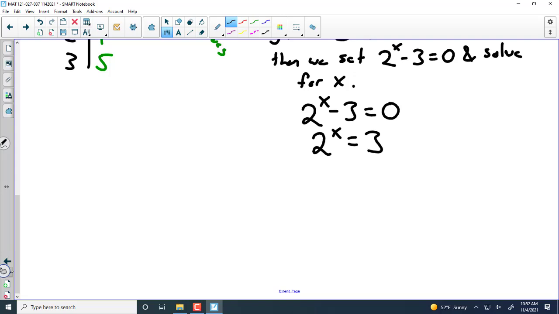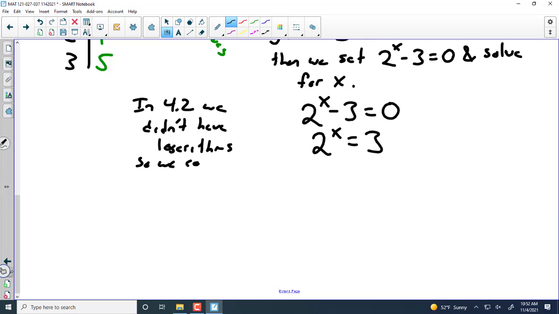But now we do. So now, you see, in 4.2, we didn't have logarithms, so we couldn't get x down.